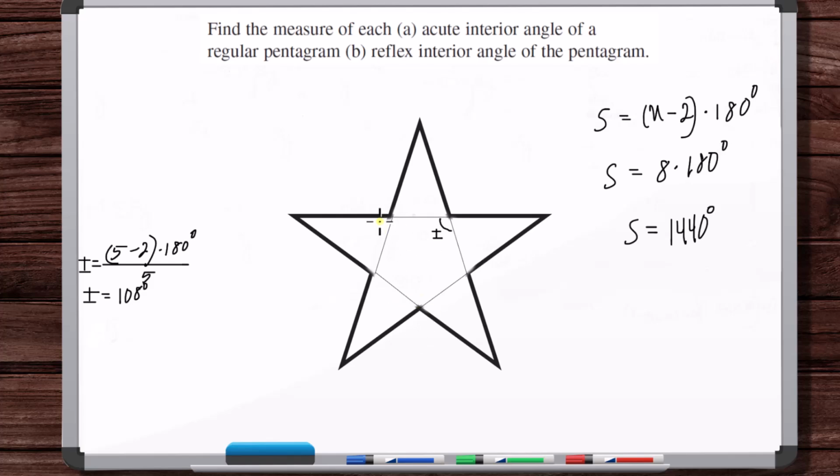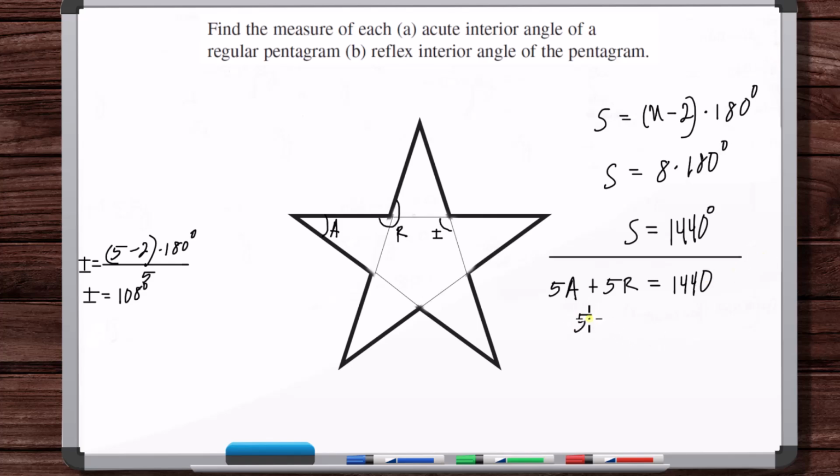Okay, now let's see. We'll call this R for reflex, and we'll call this A for acute. So we've got 1, 2, 3, 4, 5 acute angles, and then we've got 1, 2, 3, 4, 5 reflex angles, and those are going to sum to 1440.